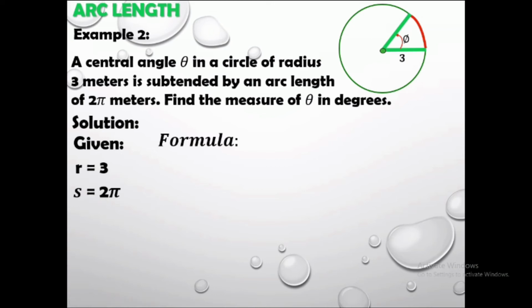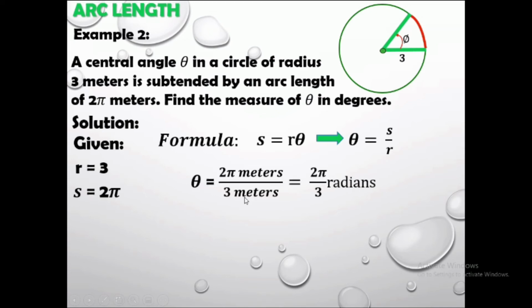Using the formula of arc length, which is S equals r times theta, we derive the formula in getting the measure of the central angle in radian. So, we have theta equals S over r.